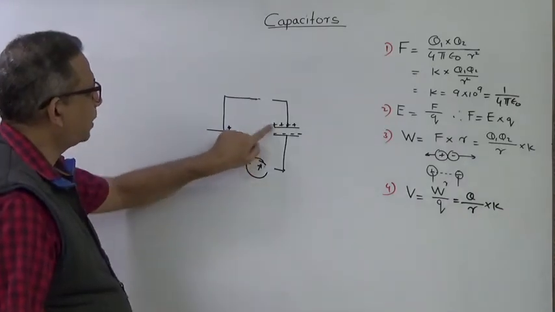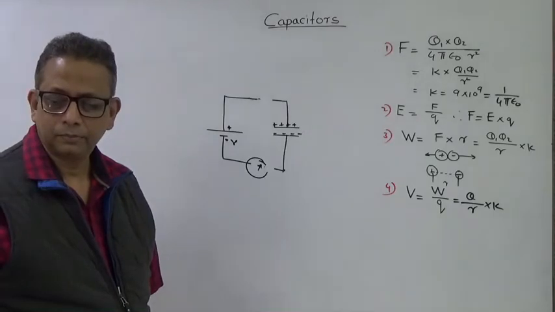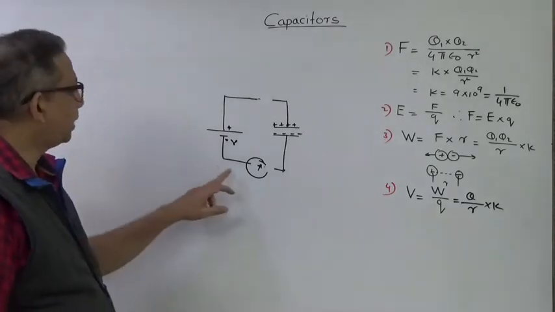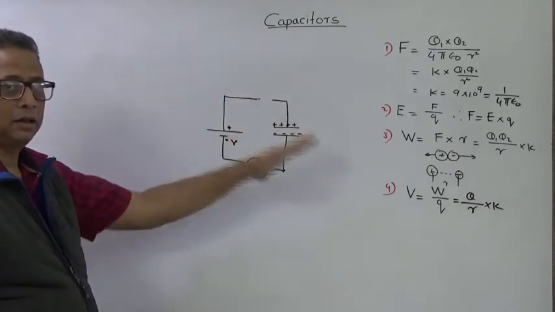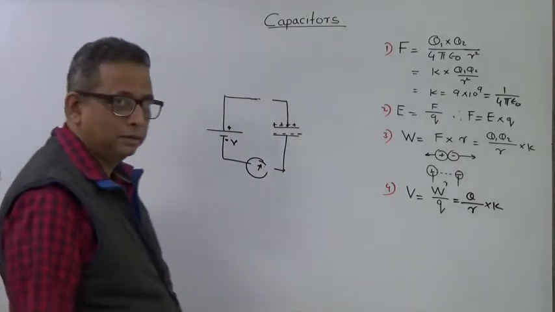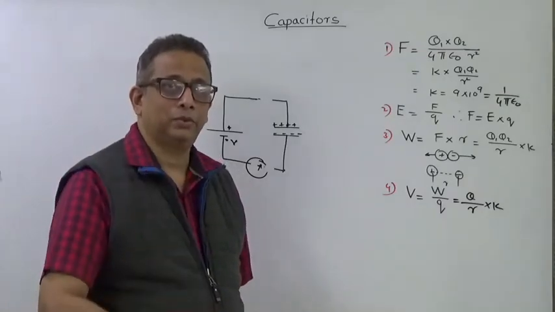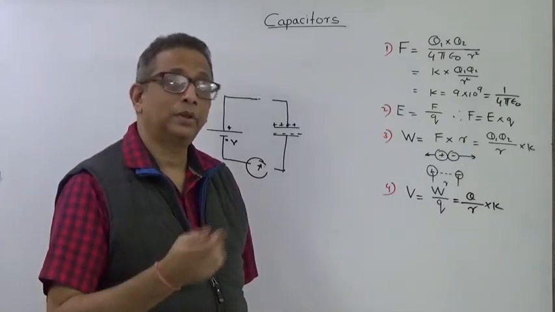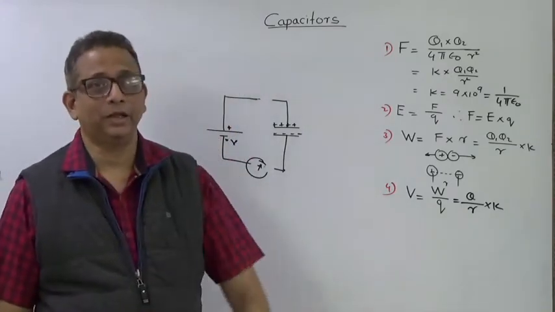Now in this particular part, as you can see, when I was charging, there is a sudden gush of current flowing through that, right? And slowly after some time the current becomes 0. So what is the definition of a capacitor? Initially the voltage is 0.